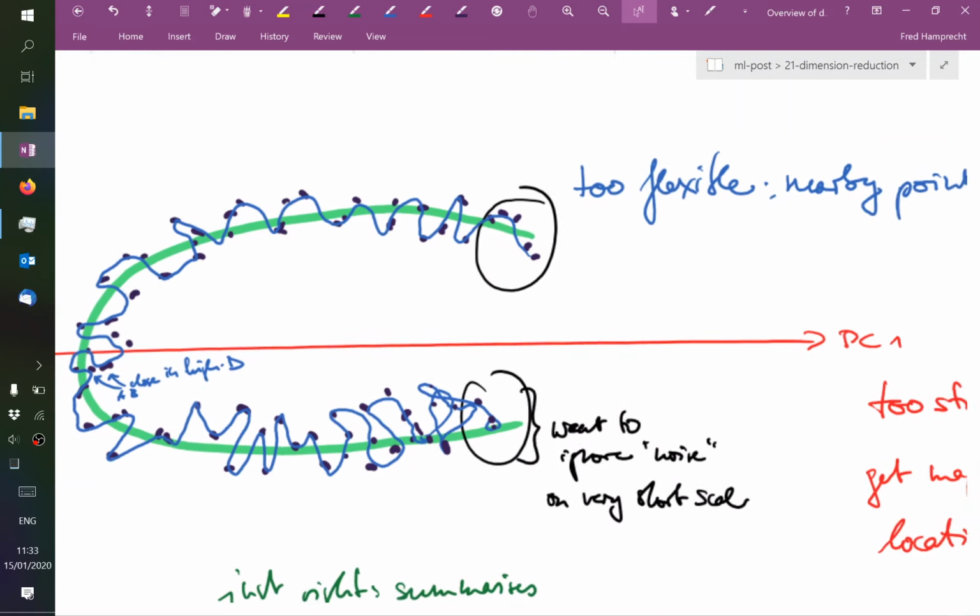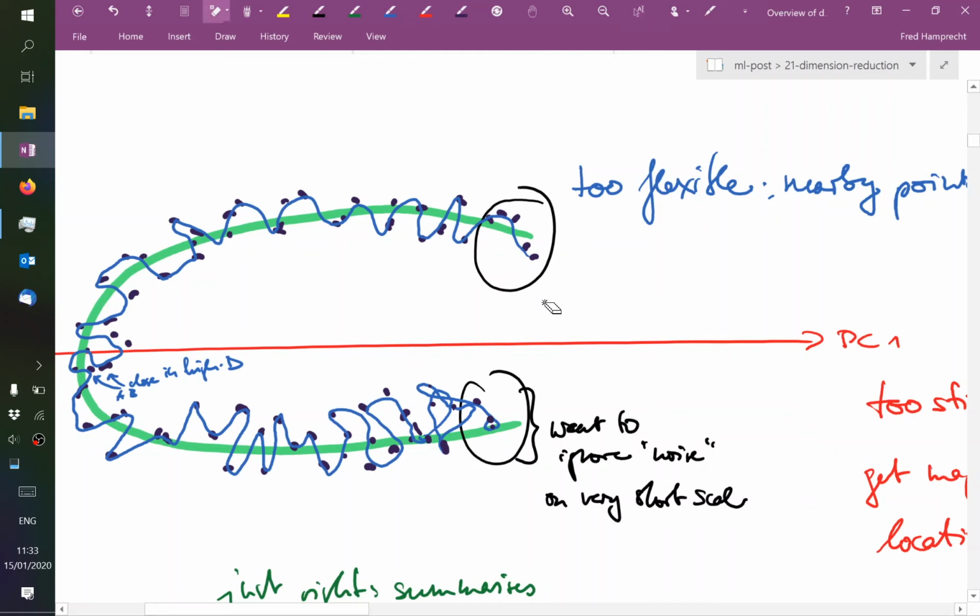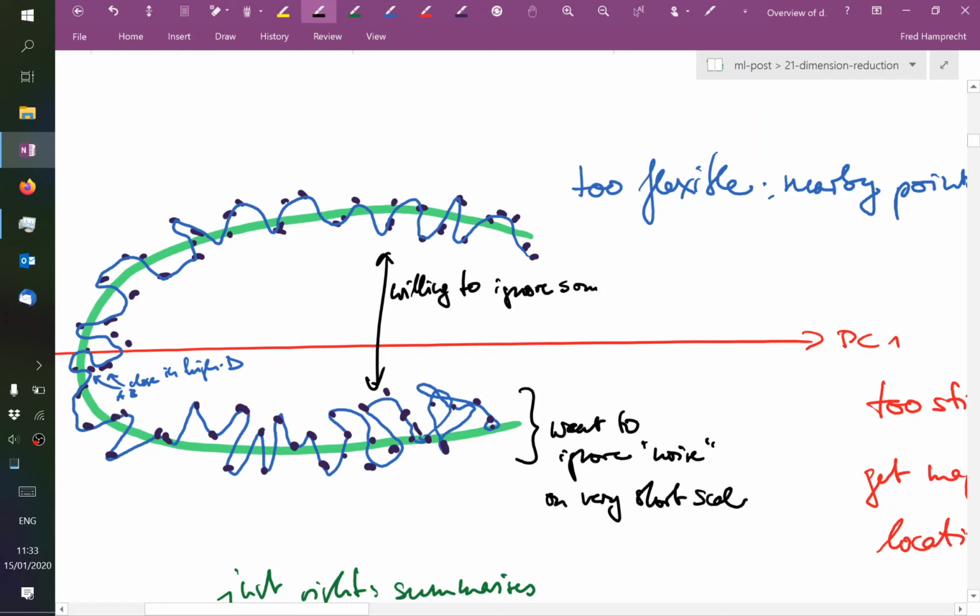And so these longer distances here, I don't want to ignore them, but I am willing to ignore some violations of long distances.